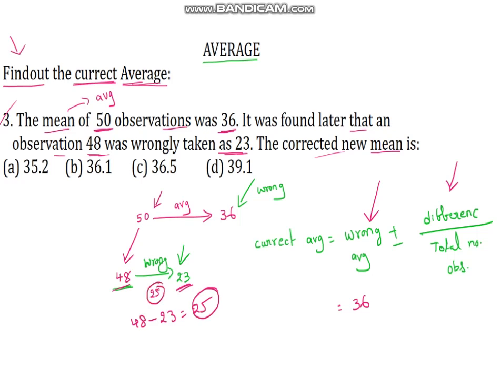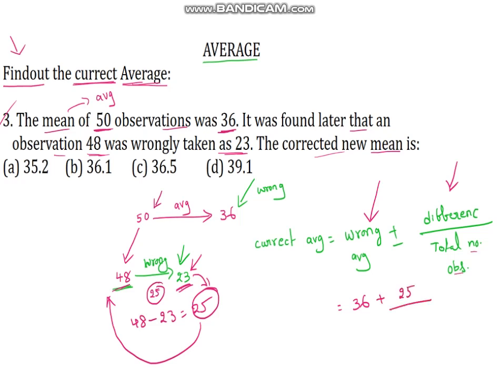We have to add 25 to 23 to get 48. Then we get the correct value and the correct average. So the difference is 25, and we have to add it.